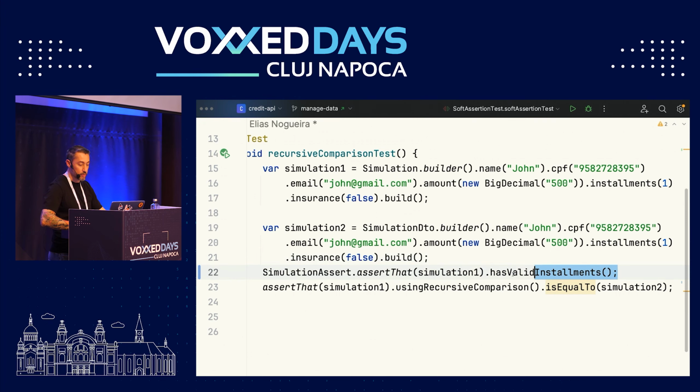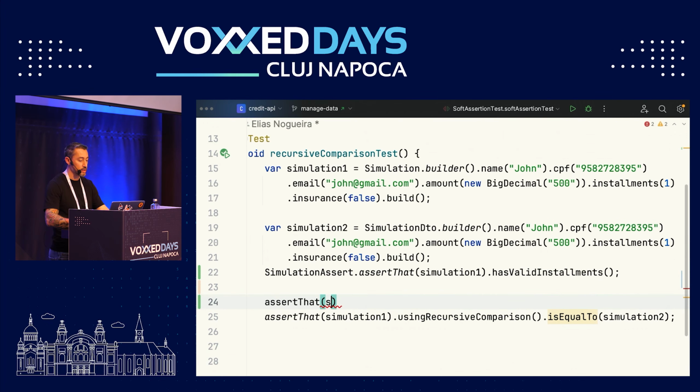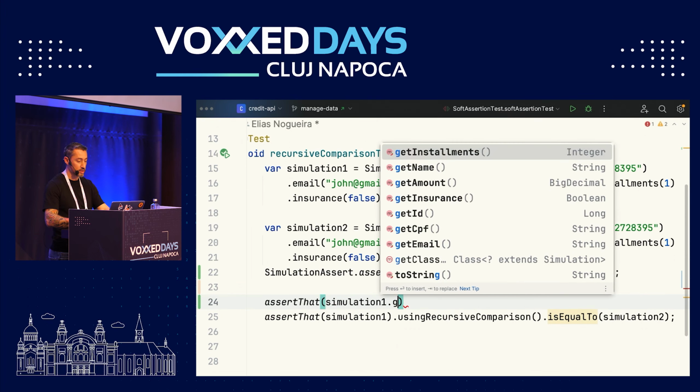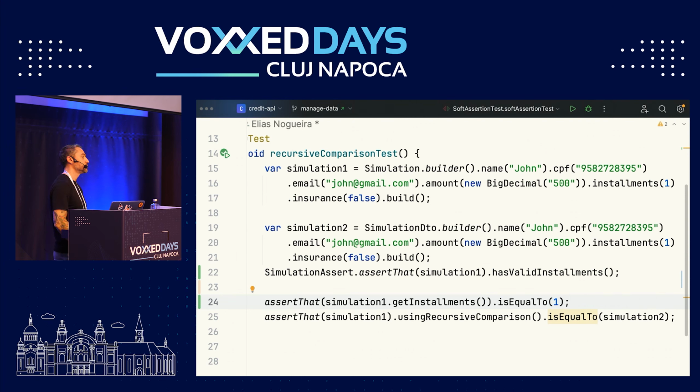Instead of writing again, for example, assert that simulation 1 dot get installments is equal to 1. Of course you can. This is a silly example just to show you the idea.